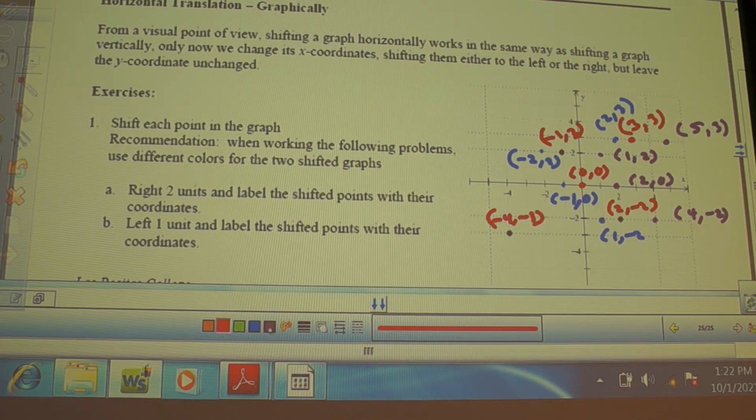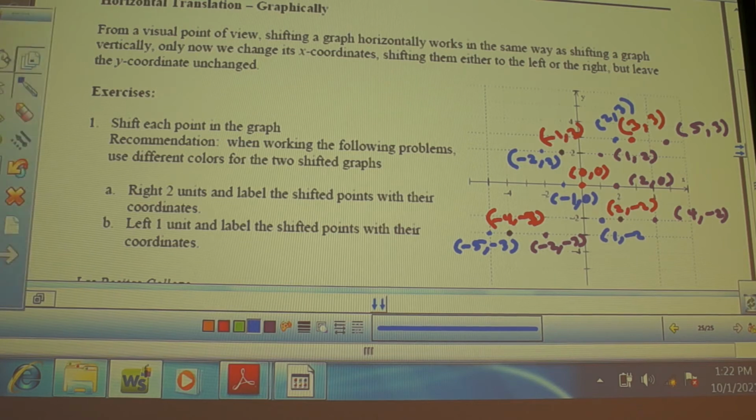And if I go to the right, it becomes -2, -3. My 3's are kind of weird, sorry, it looks like a 1 and 3. And then this one becomes -5, -3. Okay.